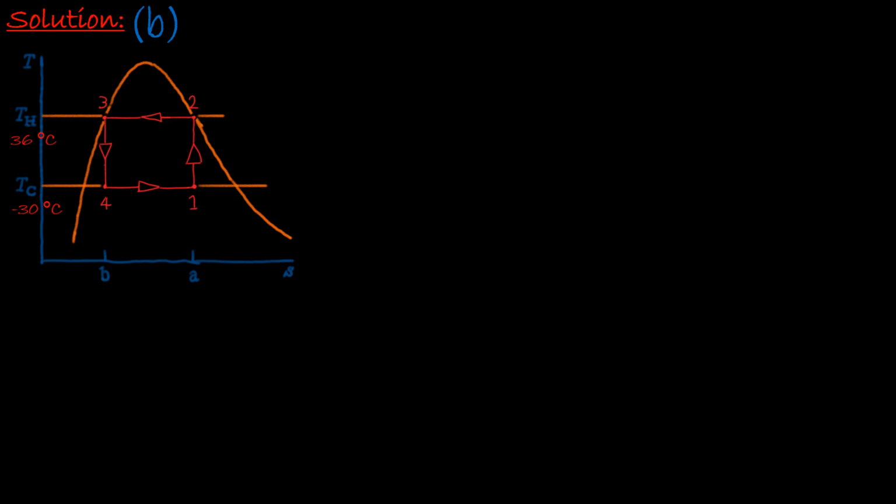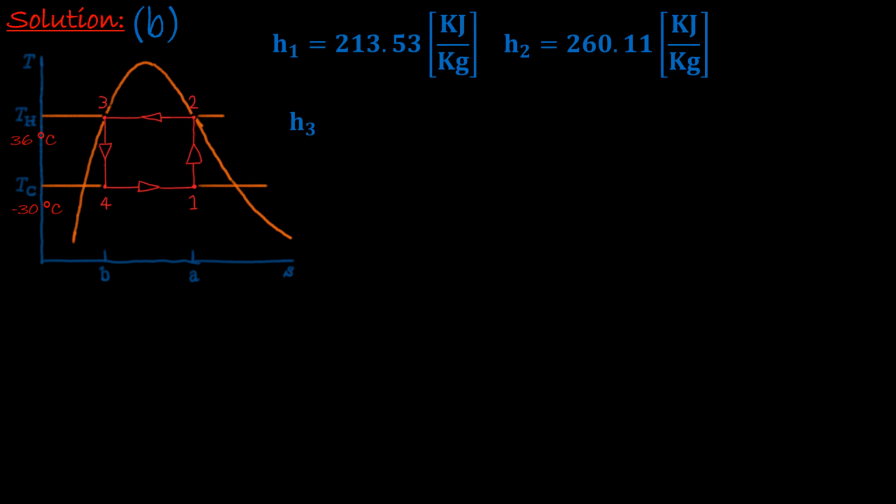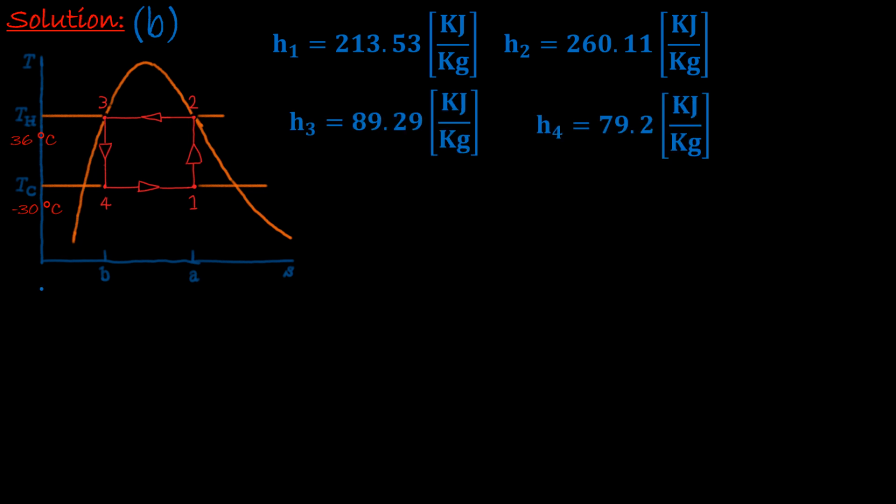Next, we will solve for B. Now, these are the values that we found from the tables and the values that we solved for in here. And now what we want to do is find the net work. And remember, from the diagram, we had the compressor working from 1 to 2, and so it will be the mass flow rate times the high enthalpy minus the low enthalpy.